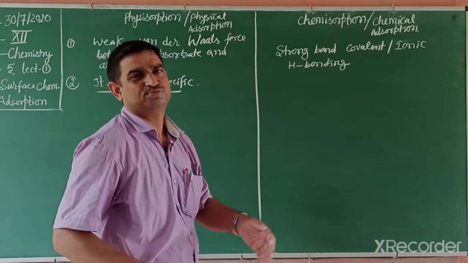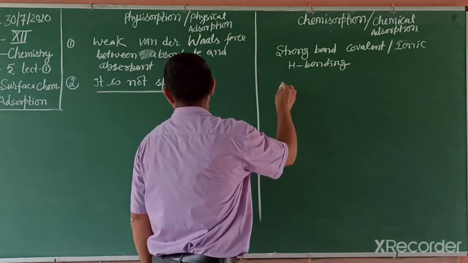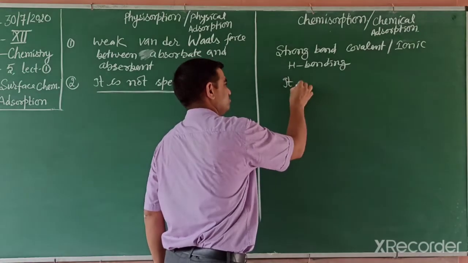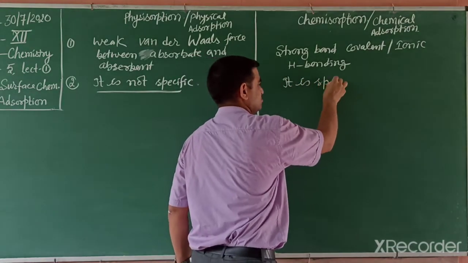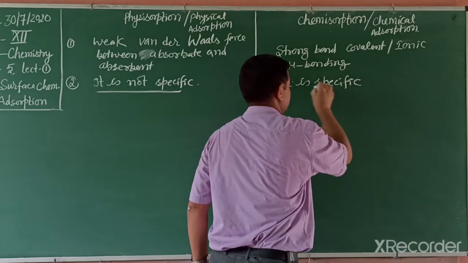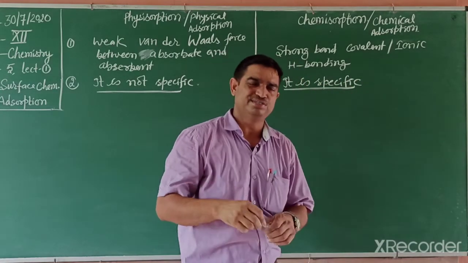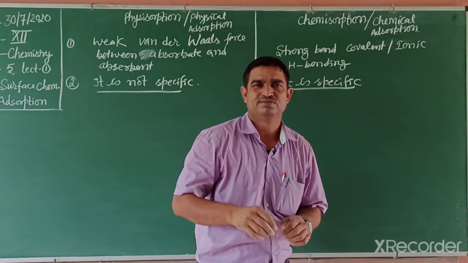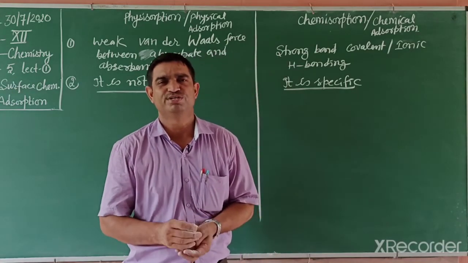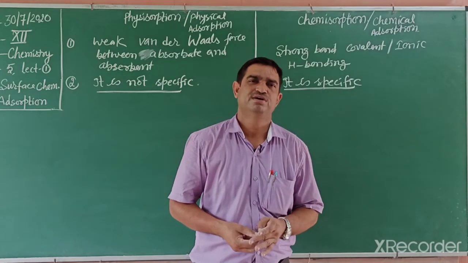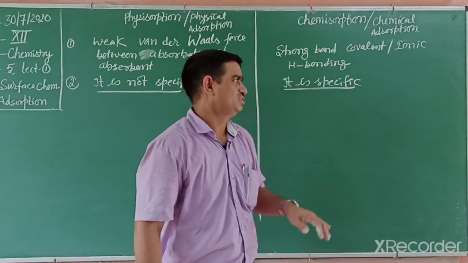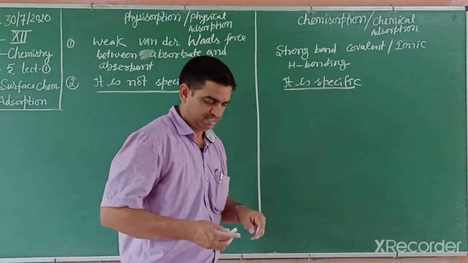But chemisorption is highly specific. It depends on the nature, because not all gases are adsorbed on that surface. All gases cannot make hydrogen bonding or covalent or ionic bonding. So this is highly specific.